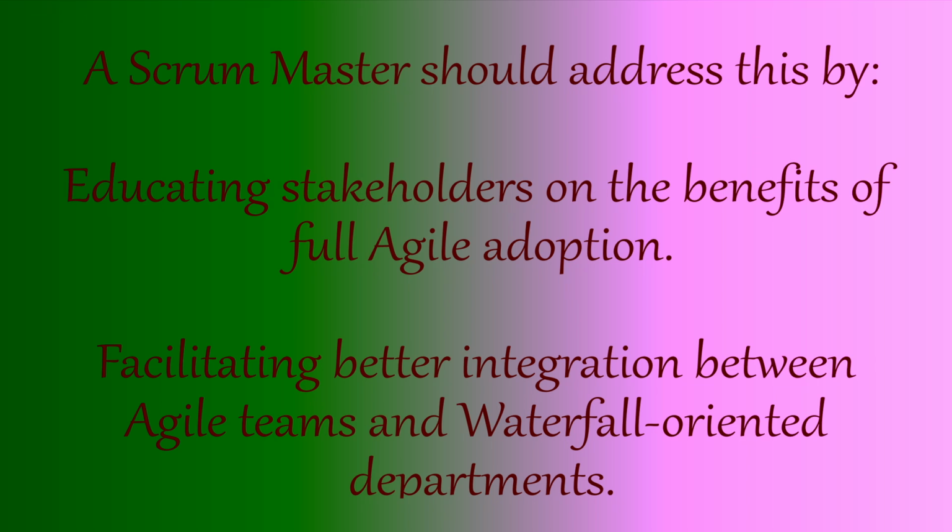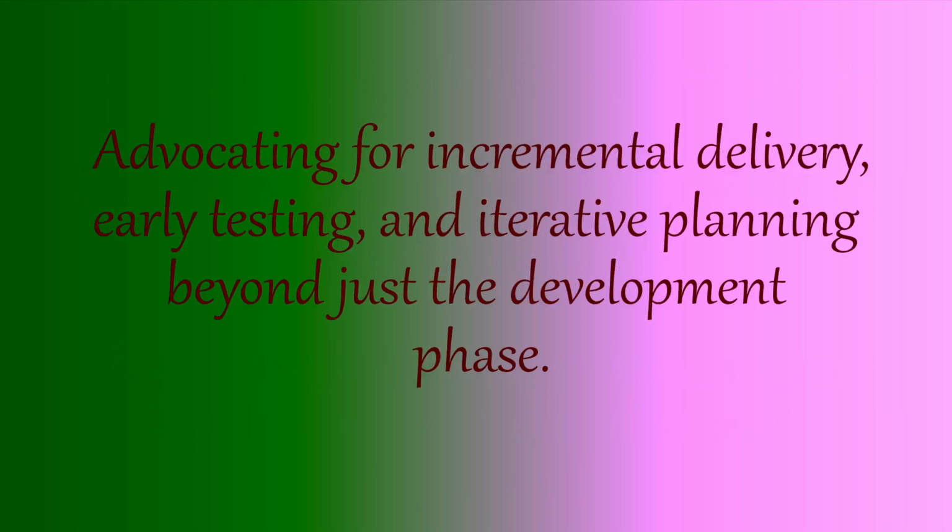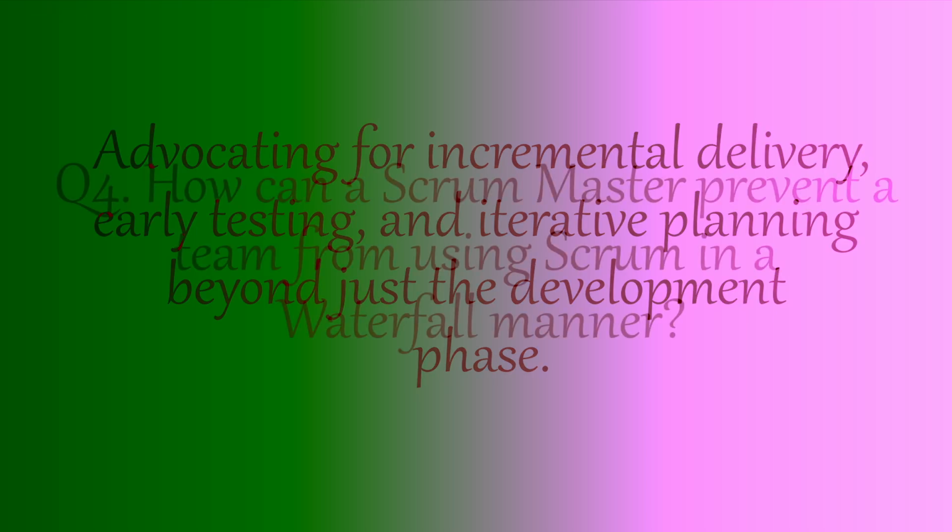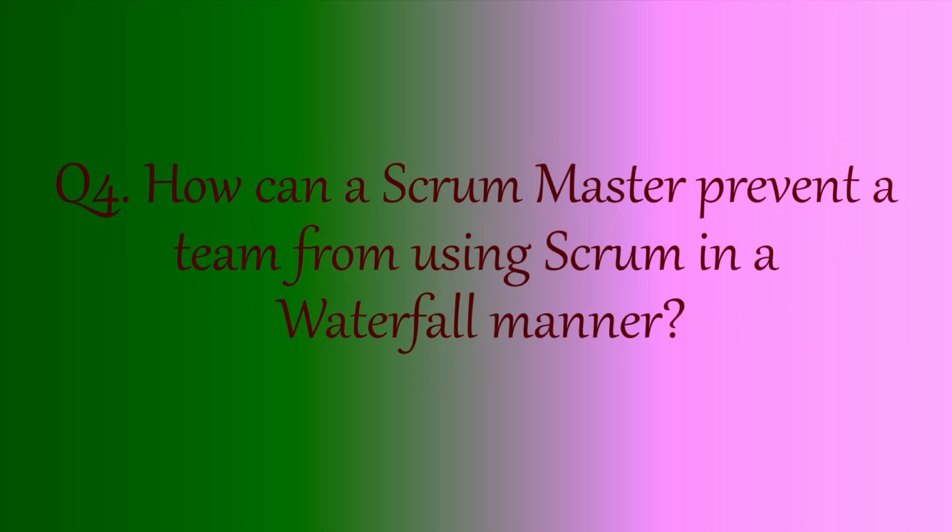A Scrum Master should address this by educating stakeholders on the benefits of full agile adoption, facilitating better integration between agile teams and waterfall-oriented departments, advocating for incremental delivery, early testing, and iterative planning beyond just the development phase.